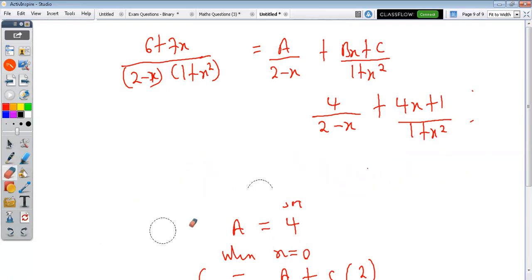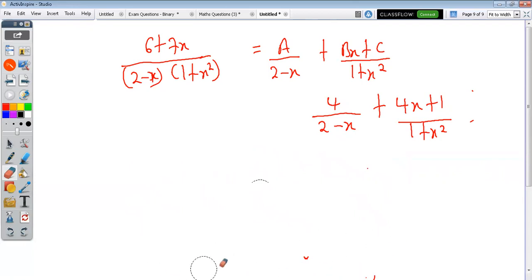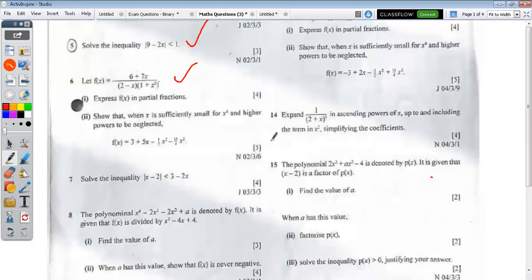Have it? Yes, sir. So we now have that. Now the tricky part now is to do this. Show that when x is sufficiently small, for x to the power of, I think, x cubed, higher powers can be neglected.